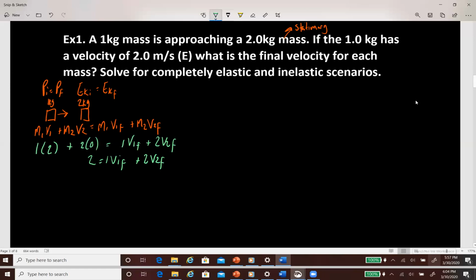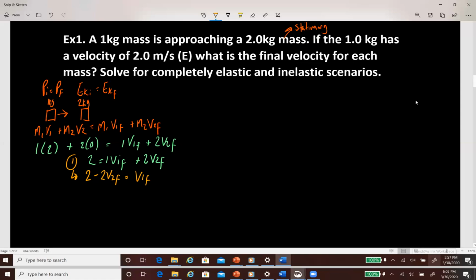I'm going to call that equation 1. Actually, let's rearrange it and isolate for v1f. 2 minus 2 v2f is equal to v1f. There's an equation.